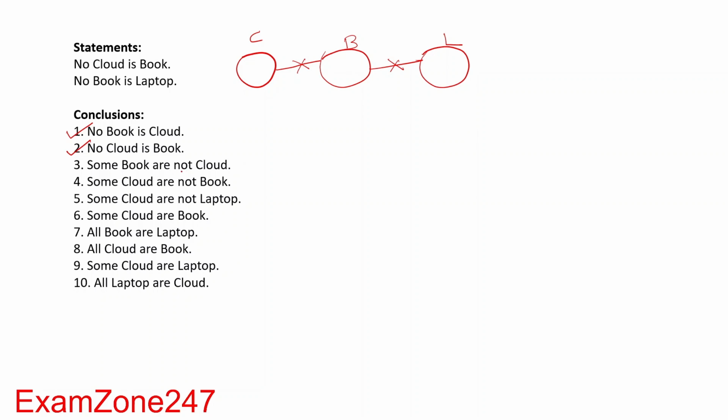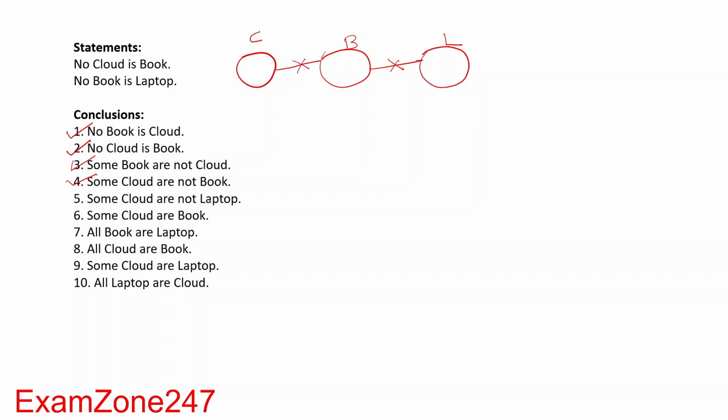They are not telling us any positive conclusions for us to think, oh, this is also a possibility. We know this is a possibility, that some books are not cloud. Yes. So we will mark it as right. Some clouds are not book. Yes, there are more than one cloud which are not book. So this is also right.